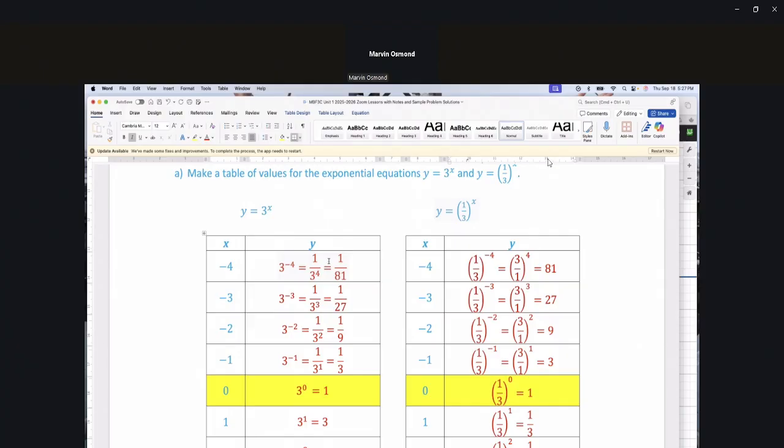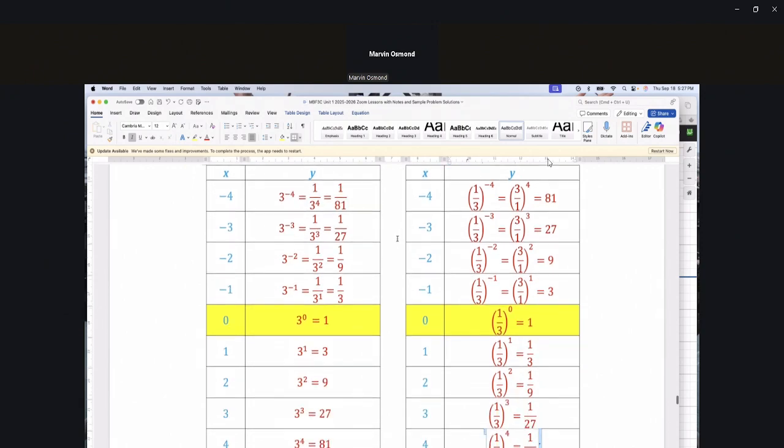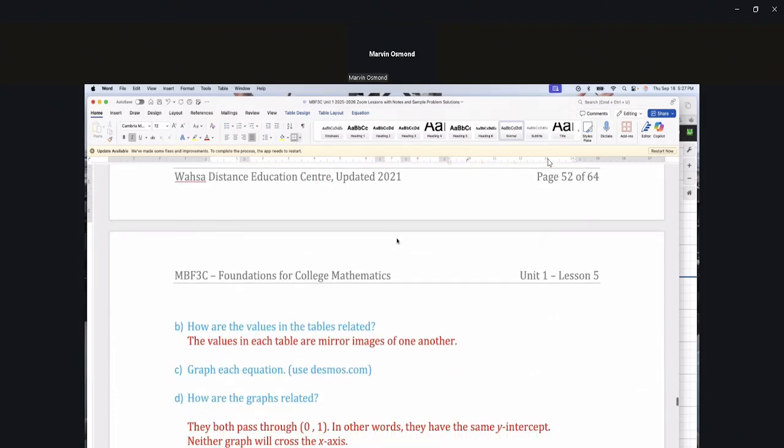You would have to go to infinity, and even then it still wouldn't touch. It'd be really close, and you would probably need a magnifying glass the size of the Earth to see it, but it still wouldn't touch. So keep that in mind. It never touches the x-axis, and they have the same y-intercept.